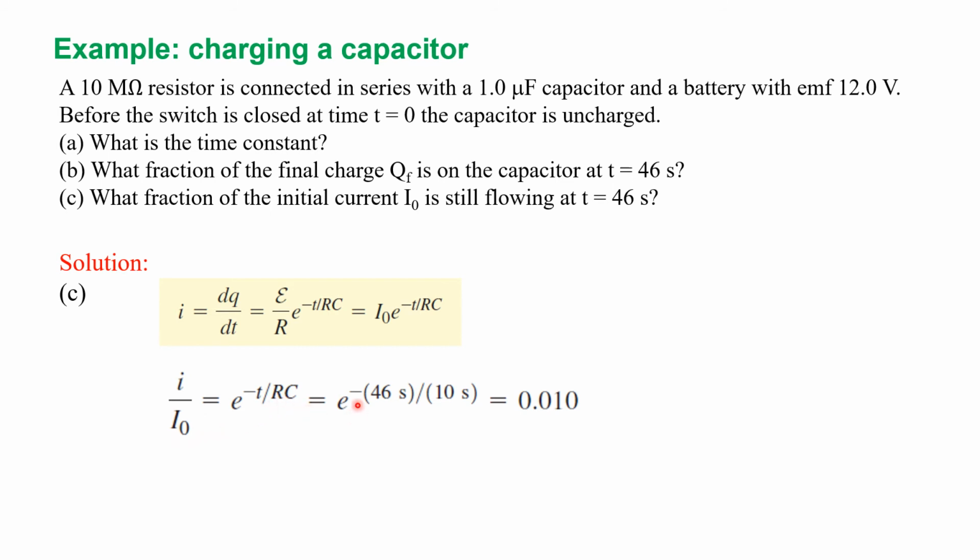So you have e to the negative 46 seconds divided by 10 seconds, and that is equal to 0.010. So that means only around 1% of the initial current I naught is flowing at 46 seconds. As you can see, the charge is equal to 0.99 or around 99%. So there's just a small fraction of current flowing in your RC circuit.